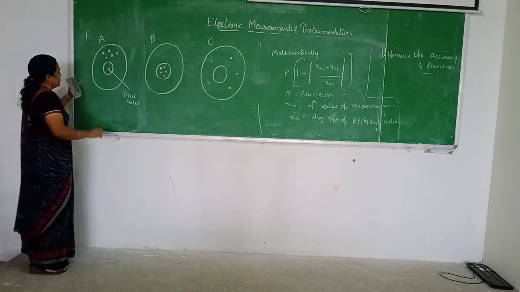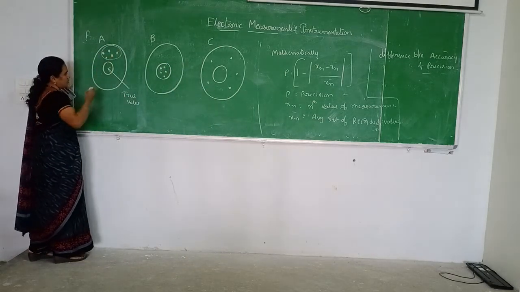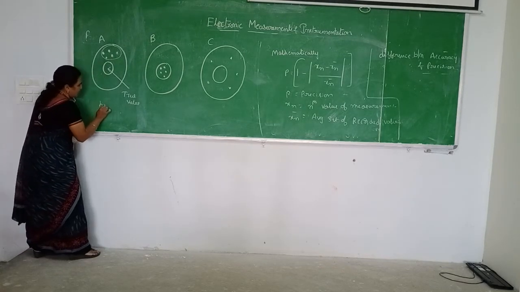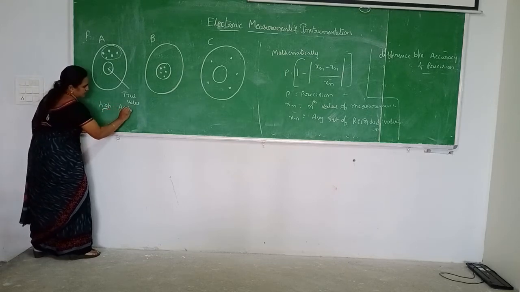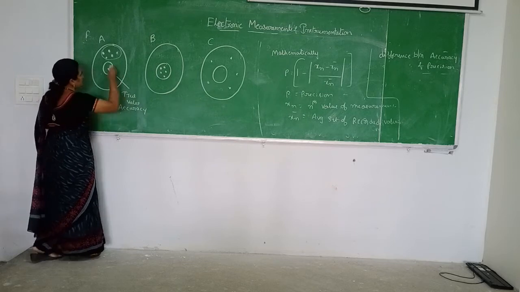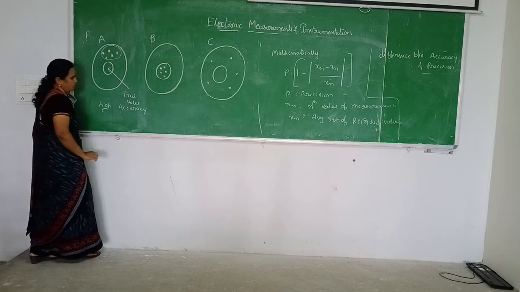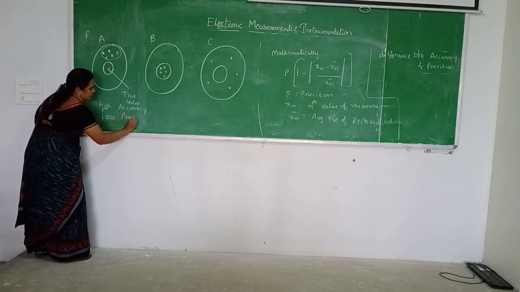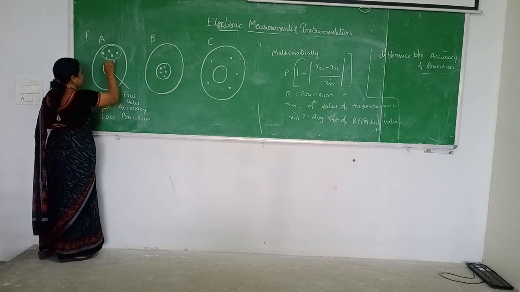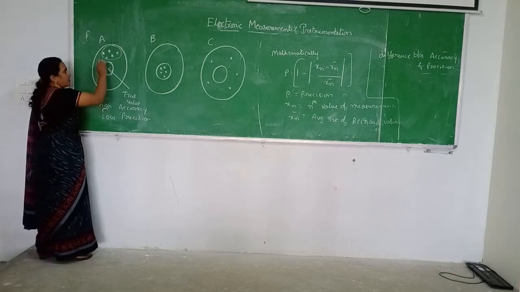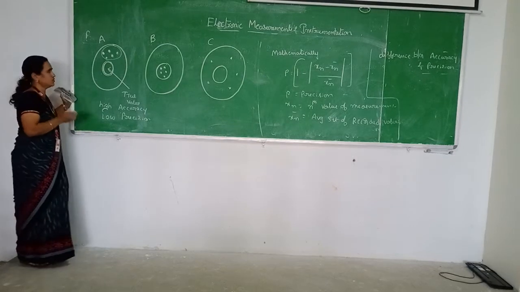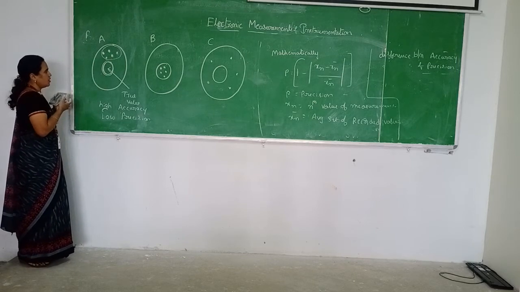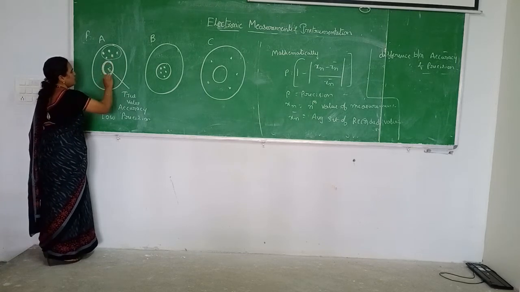Here we see these measured values are closer to each other, but they are far away from the true value. Here the dotted points are close to each other but far away from the true value.